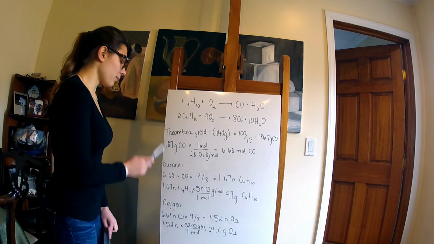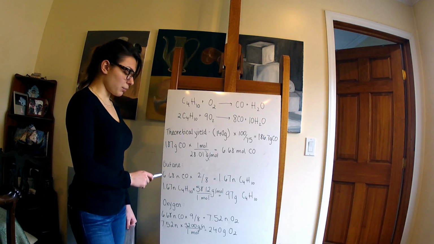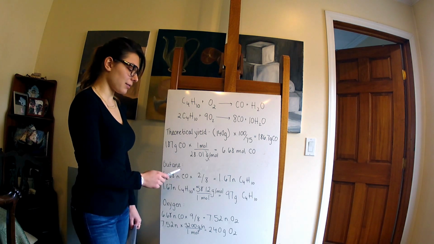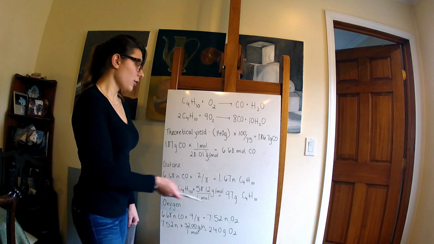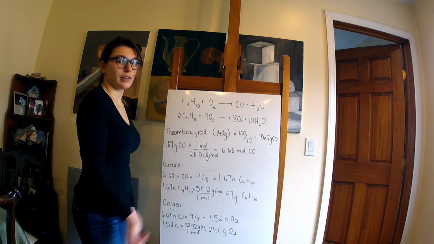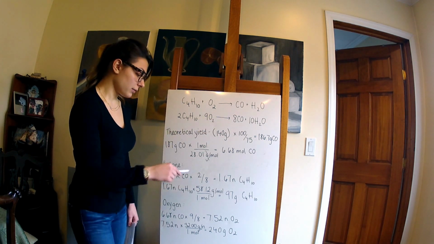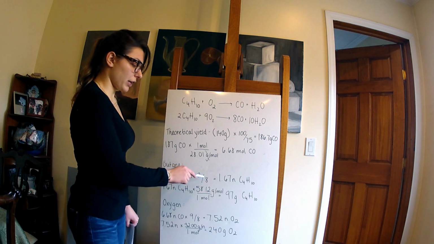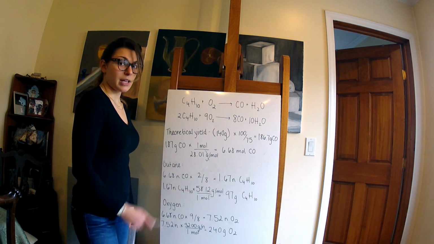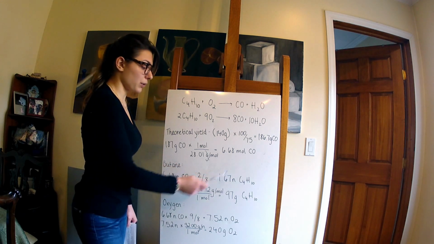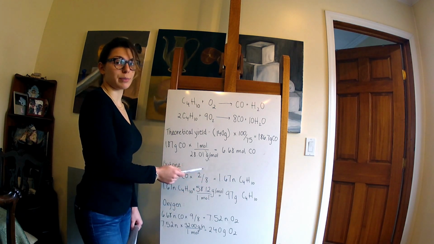To then find out for butane, you take the 6.68 moles of carbon monoxide times the ratio of butane to carbon monoxide, which is 2 to 8 in the balanced reaction. So you would do 2 over 8, which gives you 1.67 moles of butane. To find out the grams of butane, you then convert the moles of butane to grams.